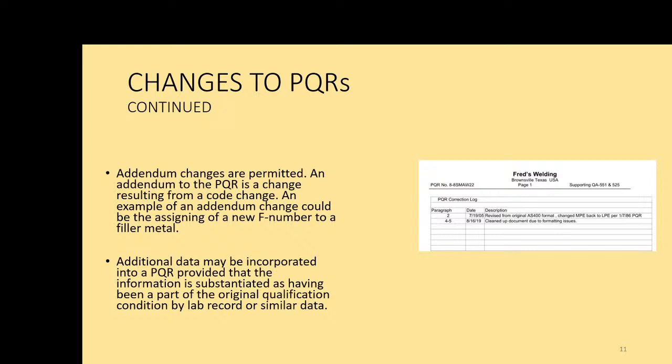That might be a situation where it makes sense to include that data, if you have some material from the original test. So that might not be a bad way that you could change the PQR. But generally you don't change PQRs. It's just better to rewrite them.